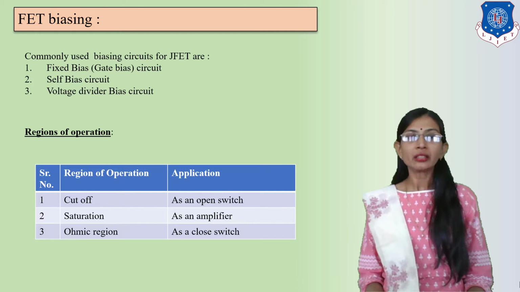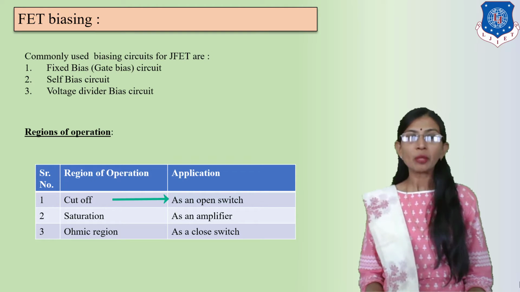For example, there are three main regions of operation: cutoff, saturation and ohmic region. And according to the cutoff, saturation and ohmic region, which depend on biasing of the circuits, we can define the applications. Which are the applications of FET?